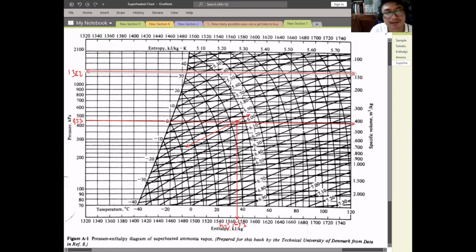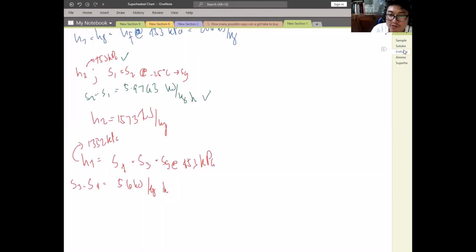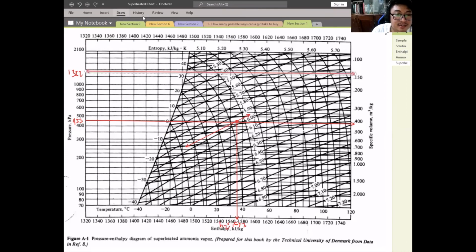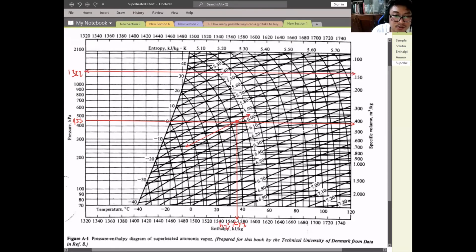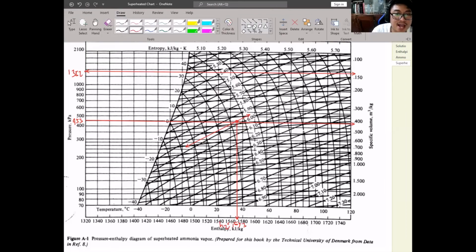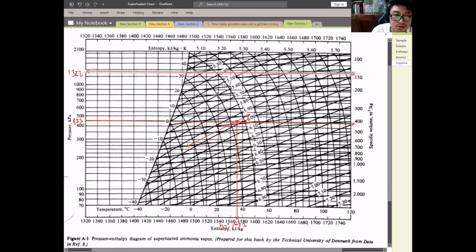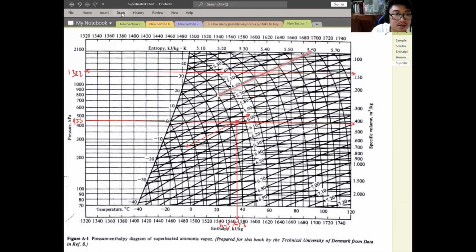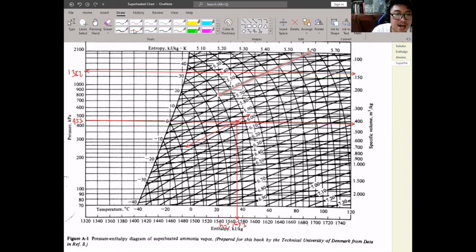So, ayan na lang. Then, ang ating entropy is 5.6. Okay, 5.6. This is 5.6, yung mismong eksaktong line. Okay, so ito po yun, no? Ayan. Then yung intersection, that is our H4.